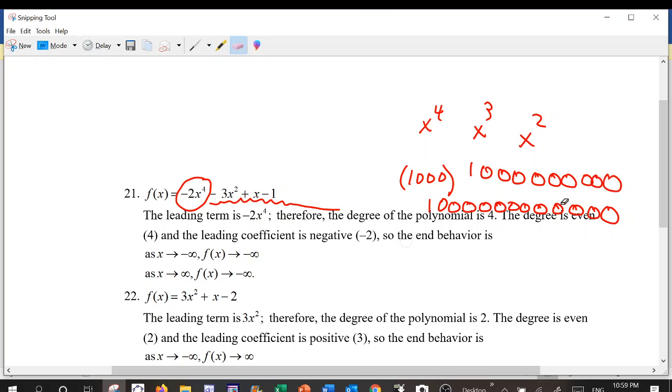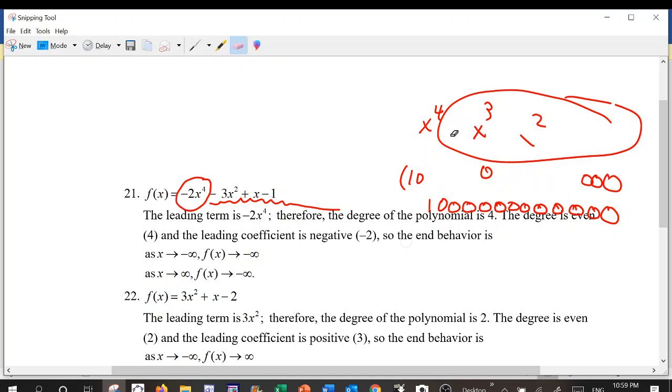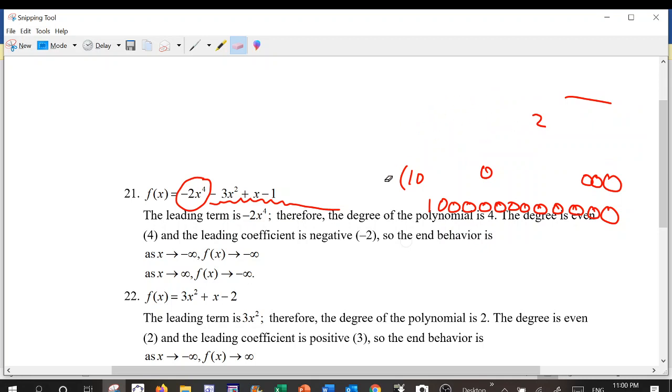Now, 12 zeros and 9 zeros, that's a major difference between the two. So as x becomes bigger and bigger, the difference between them becomes larger and larger. So the rest of the terms are just pocket change compared to the first one. Okay? So that's the idea. If we want to find the end behavior of a polynomial, we only have to work with the leading term.